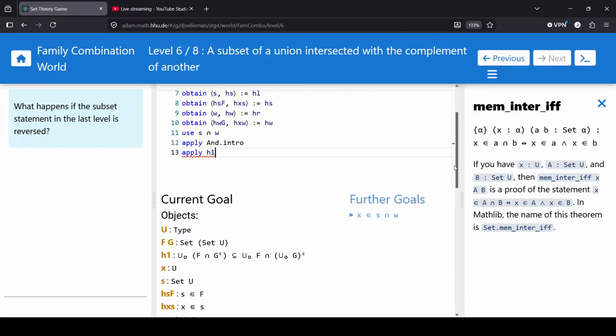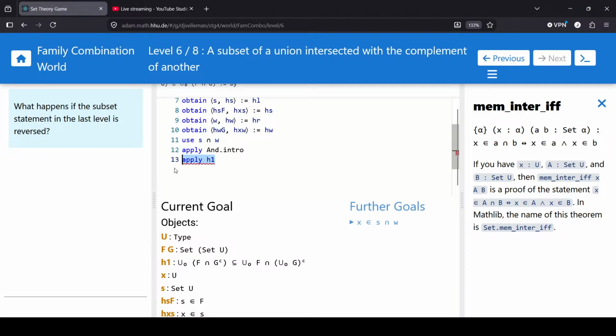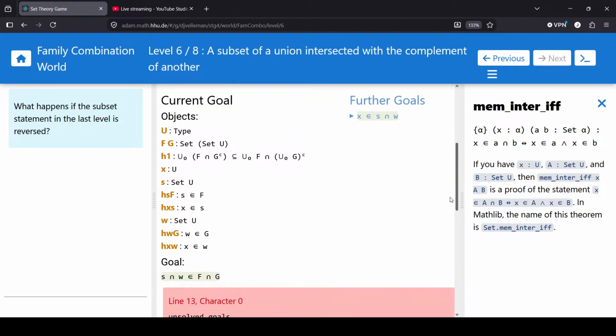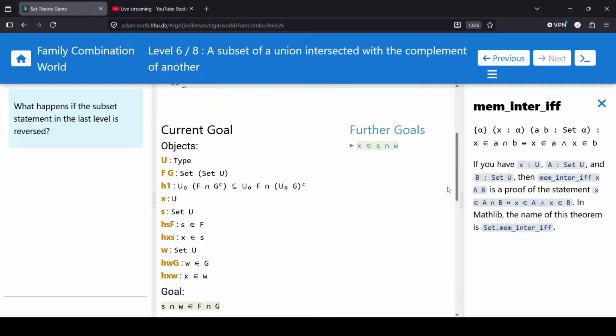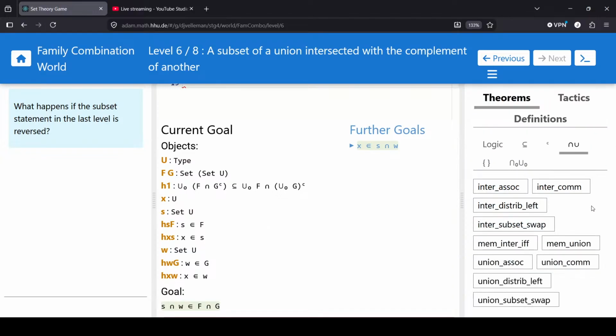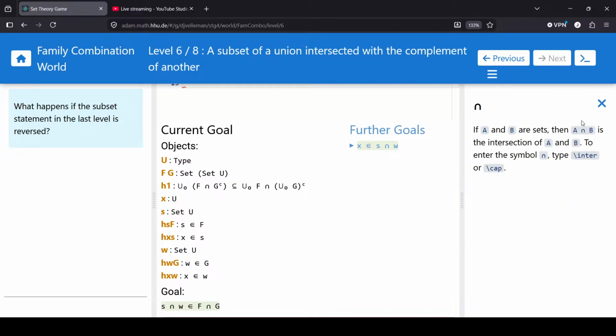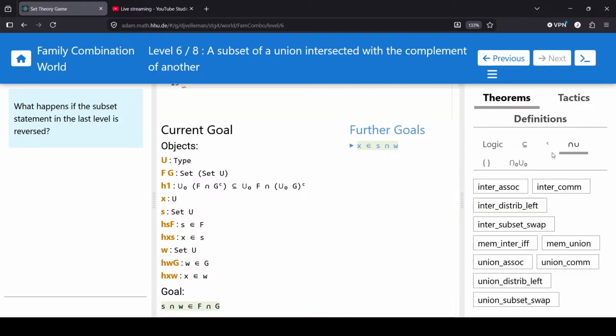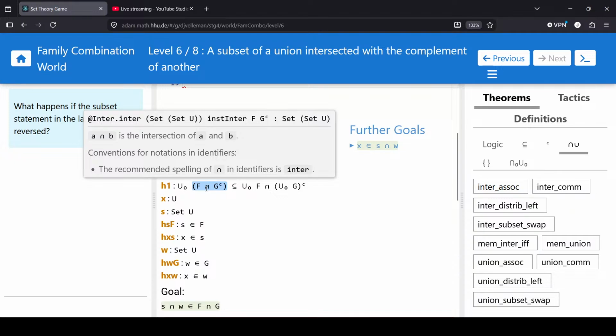Can't do that. What can I do? I mean, unless I need to come up with something of this form.